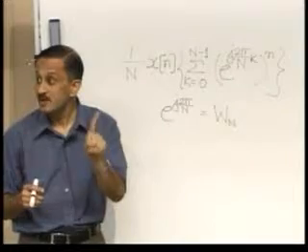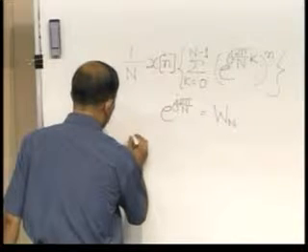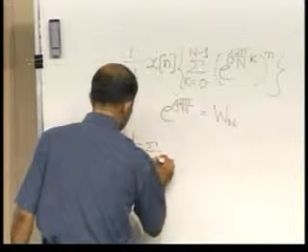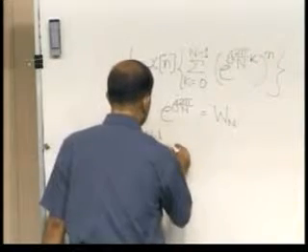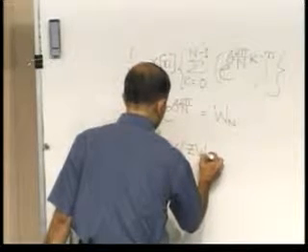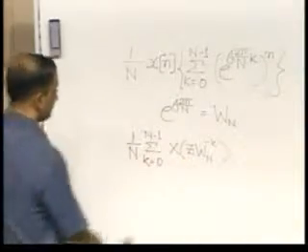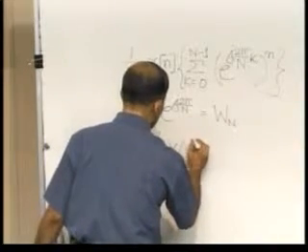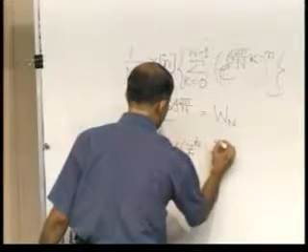So the Z transform shall become 1 by n, summation k going from 0 to n minus 1, capital X of Z, with Z replaced by Z to the power 1 by n, so it is Z raised to the power 1 by n into Wn raised to the power minus k.